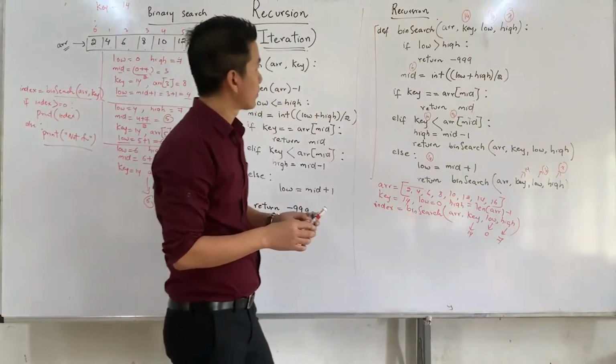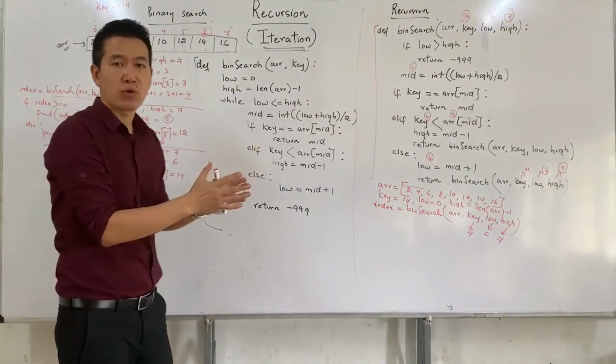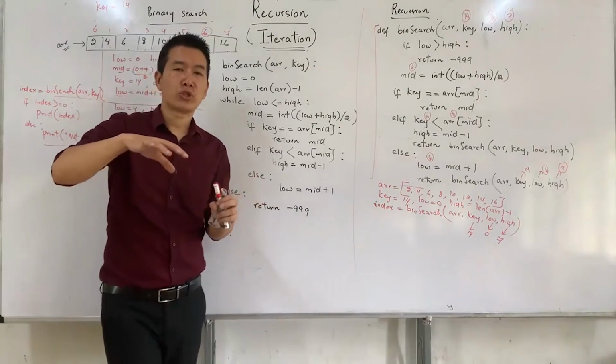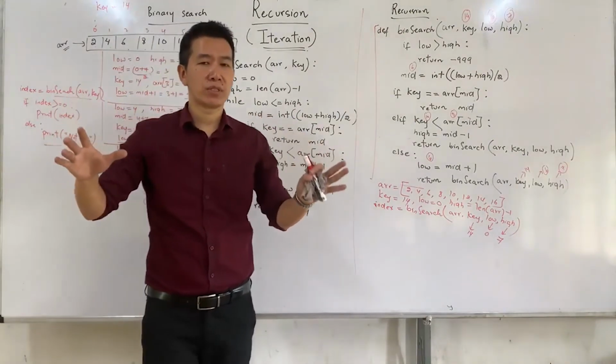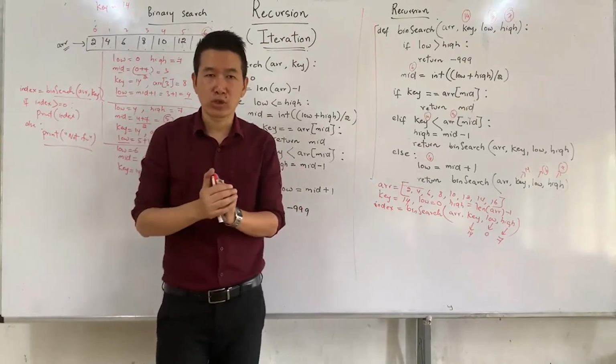So with this, we are done with 5 programs, which were meant to provide a clear differentiation between recursion and iteration.